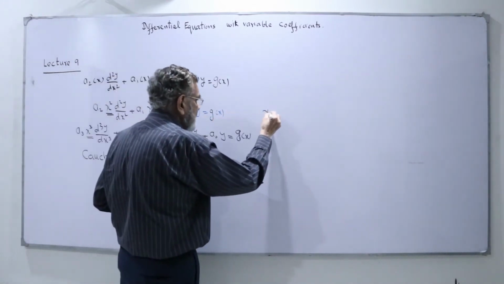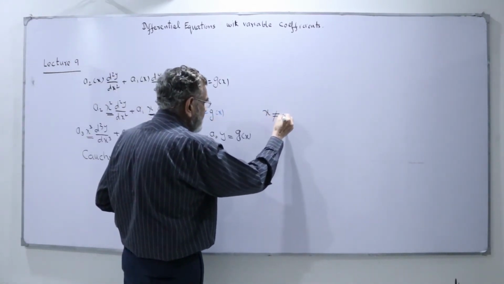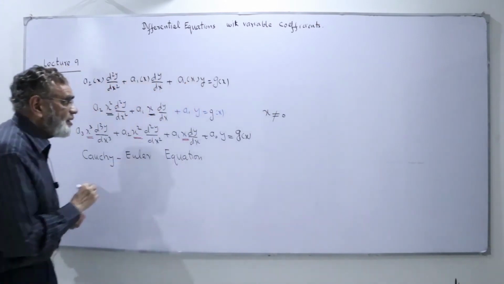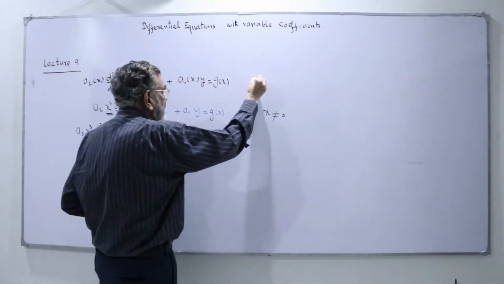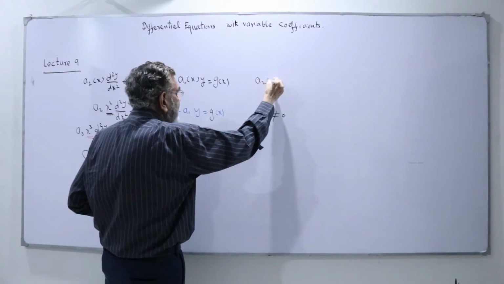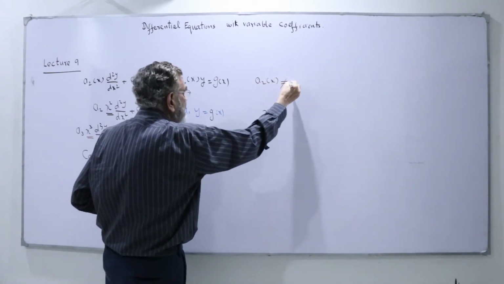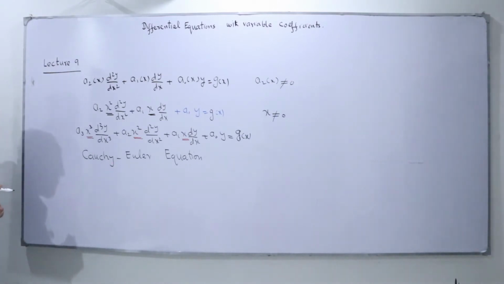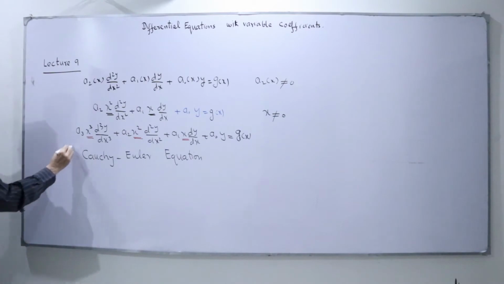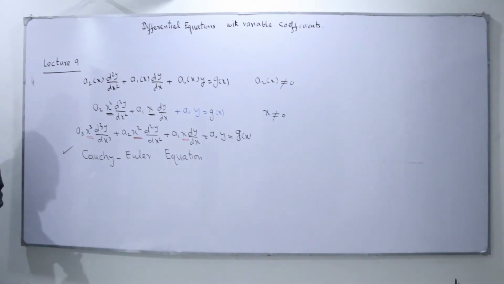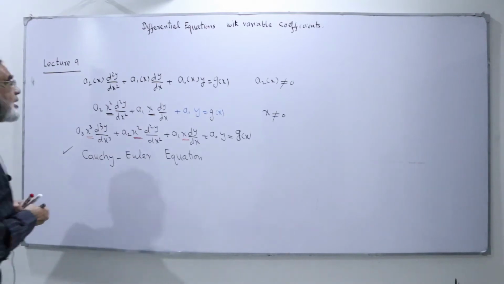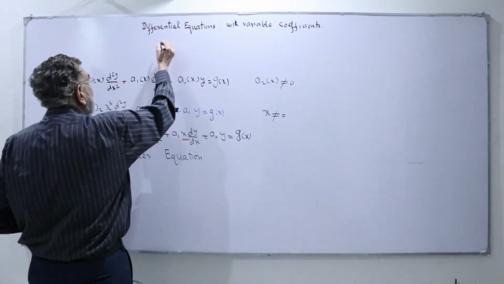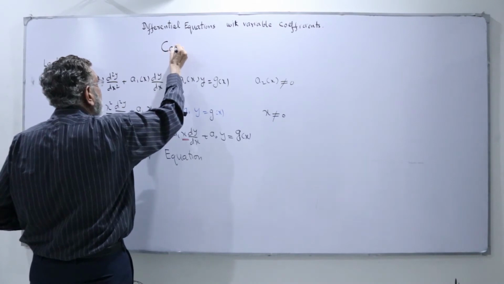Always in this equation x is not equal to 0, and a2 is not equal to 0, because when a2 is 0, the order of the equation will change. So we will discuss the solution for the Cauchy Euler equation, not for the general equation with variable coefficients. So I change my title here: I'm going to discuss the Cauchy Euler equation.